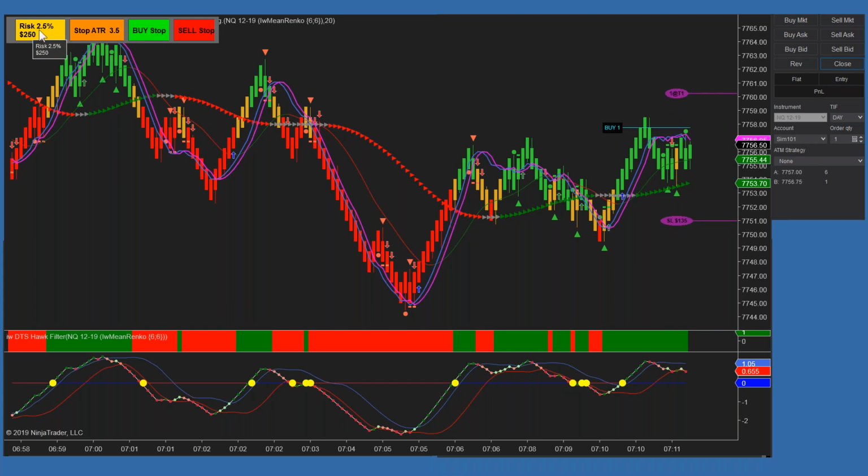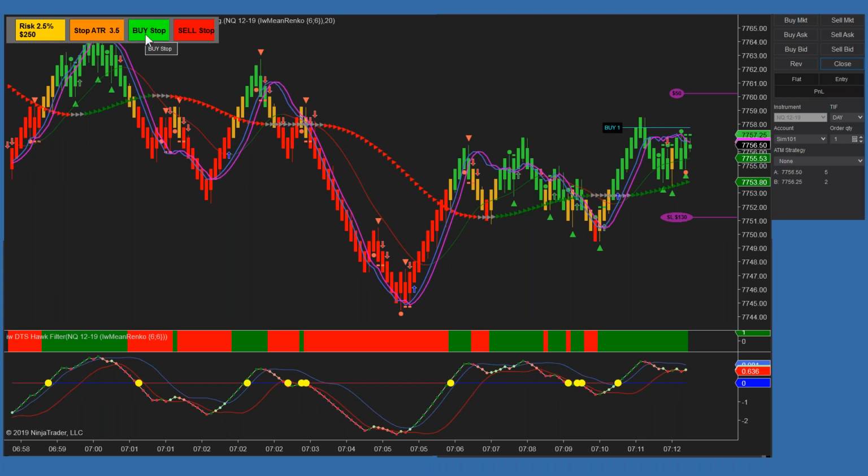All right, so here we go with a follow-up signal. The regression line still stacked bearish, however.